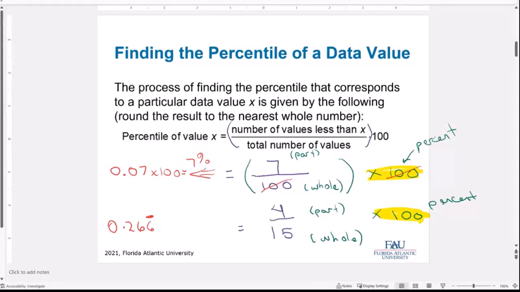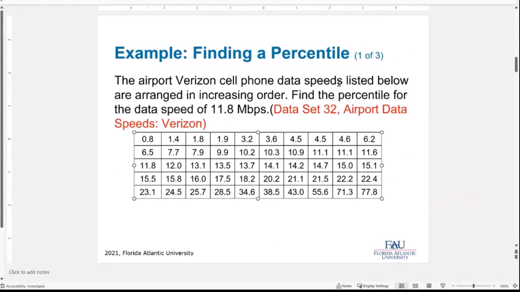The Airport Verizon cell phone data speeds listed below are arranged in increasing order. Find the percentile for the data speed of 11.8 megabits per second. So I look here and I find right here, there's my 11.8.